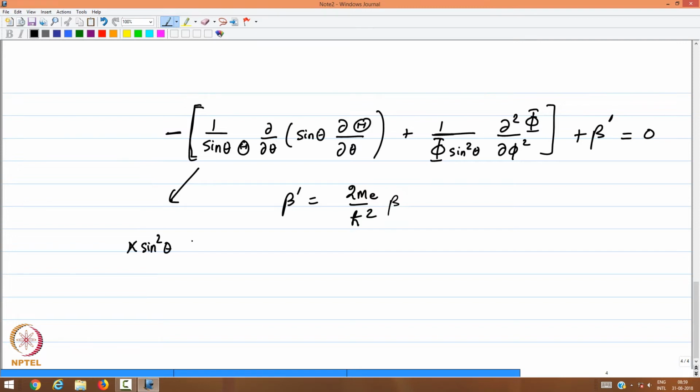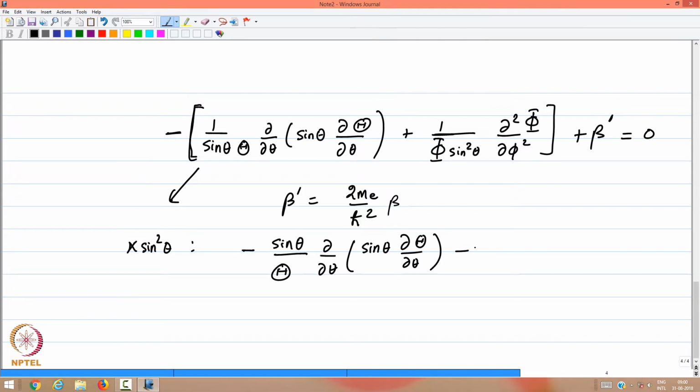you can see that this separates further into the theta and phi as two different parts. So, what you have is minus sin theta by capital theta, dou by dou theta of sin theta dou capital theta by dou theta, minus beta prime sin square theta.